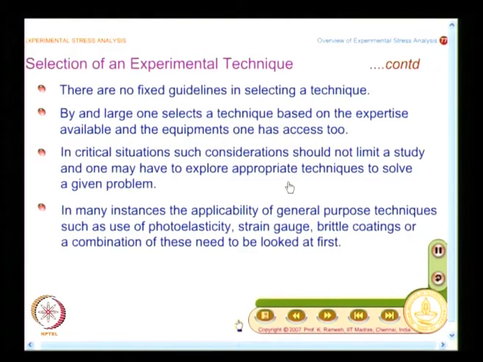They are also very fast, very simple to do, and you have reasonable expertise available for you to employ these techniques comfortably. So, the first step in the general guidelines is to look for general purpose techniques, whether they could be employed to solve your problem.